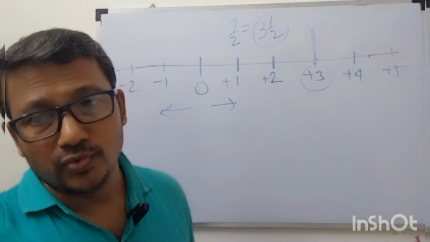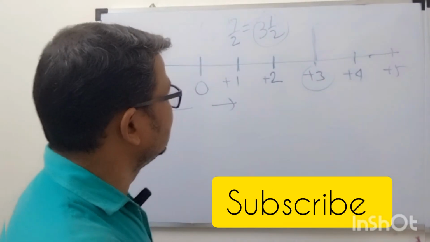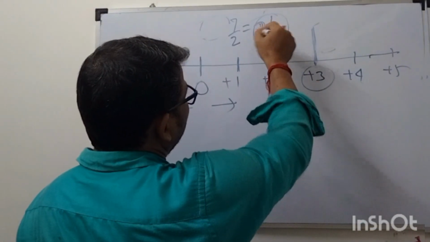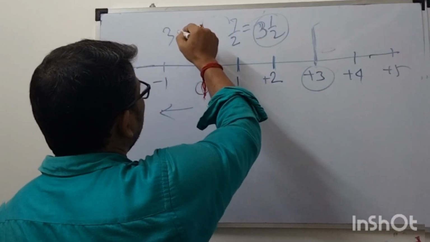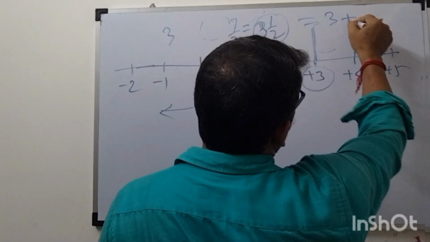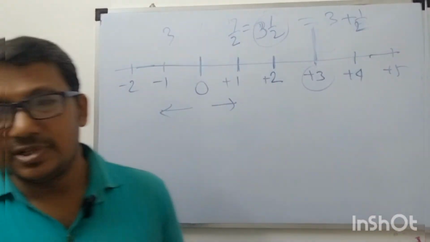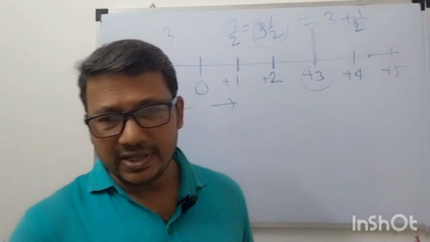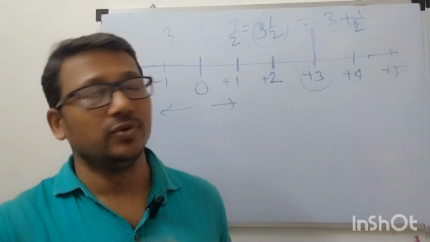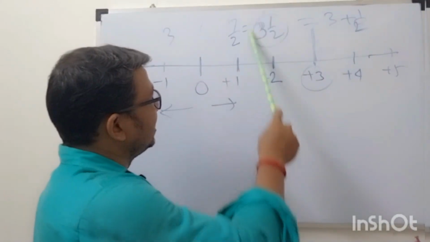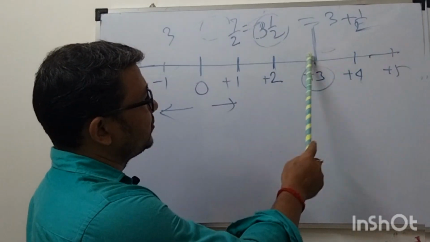Then how can we put this on the number line? Here we can easily find that the number is 3.5, that is equal to 3 plus half. This implies that the number 7 by 2 is bigger than 3 but less than 4. That means the number lies between 3 and 4.